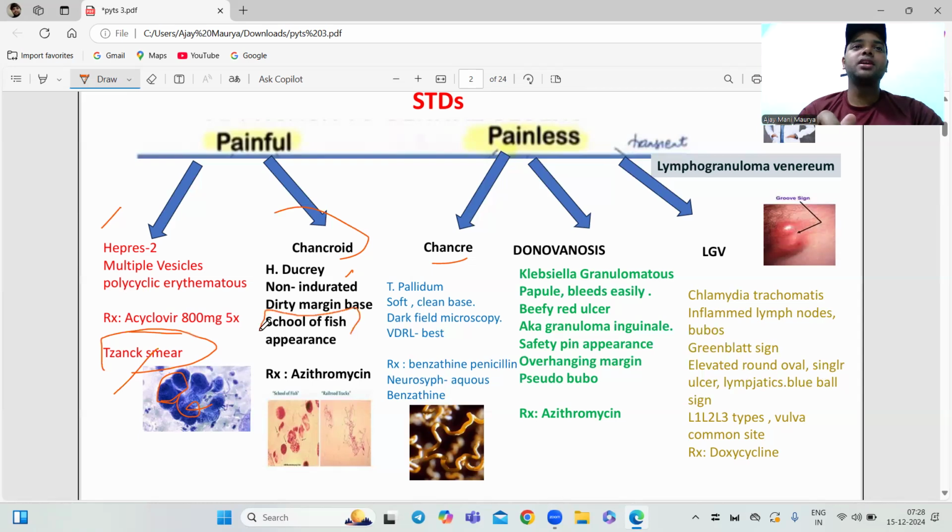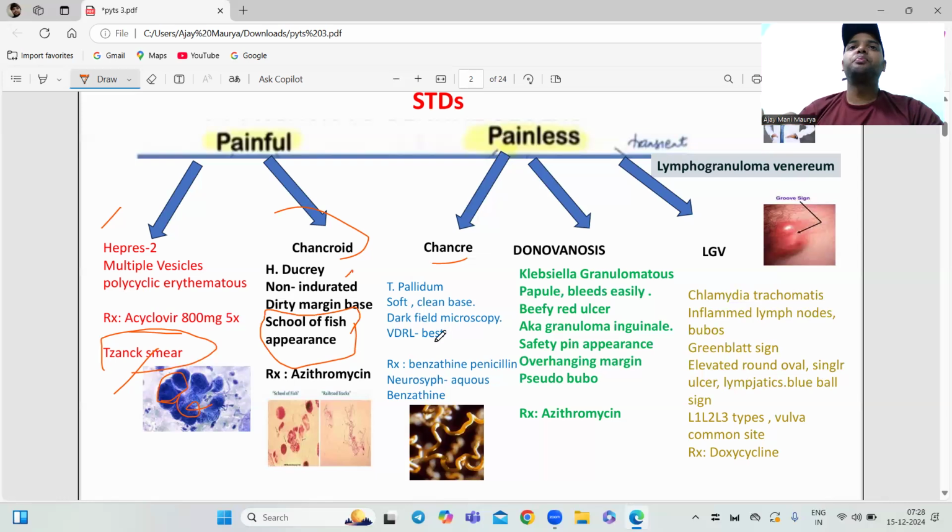Please correlate with the images also. While you are studying, just search chancroid images in Google. Treatment is azithromycin.